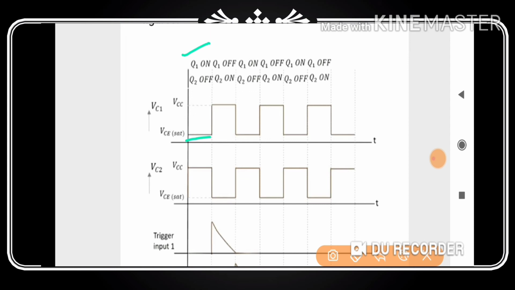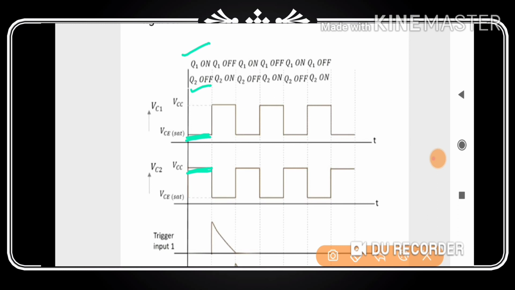Next, Q2 is off, which means Vc2 is in the cutoff region. Q1 on means conducting, which is the saturation region, and Q2 off means the cutoff region.